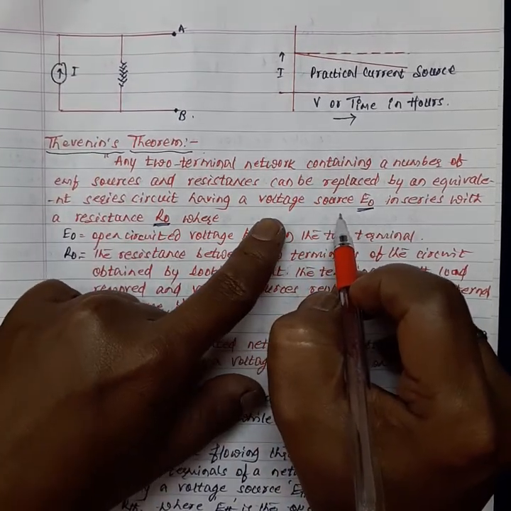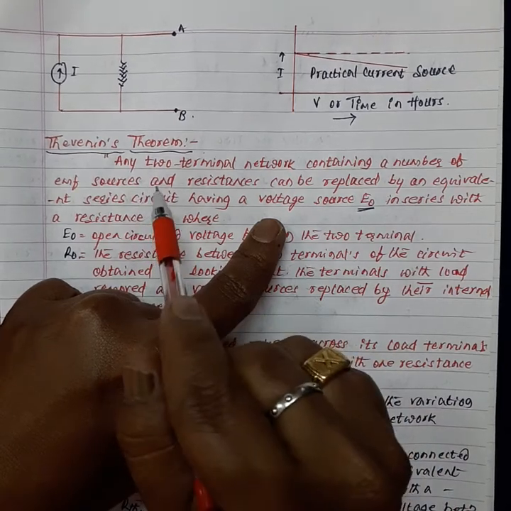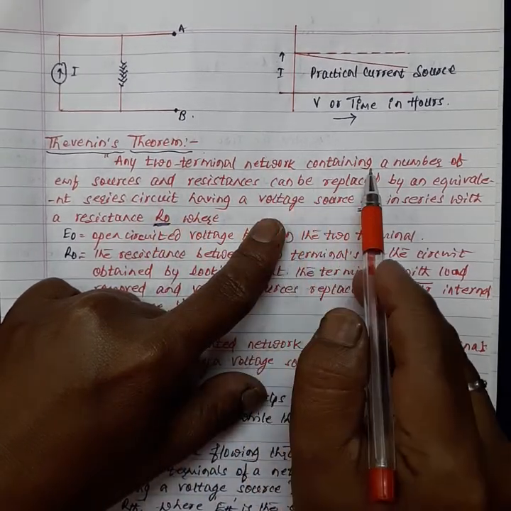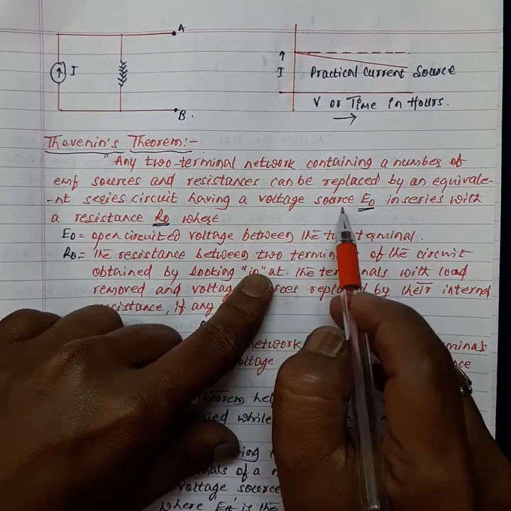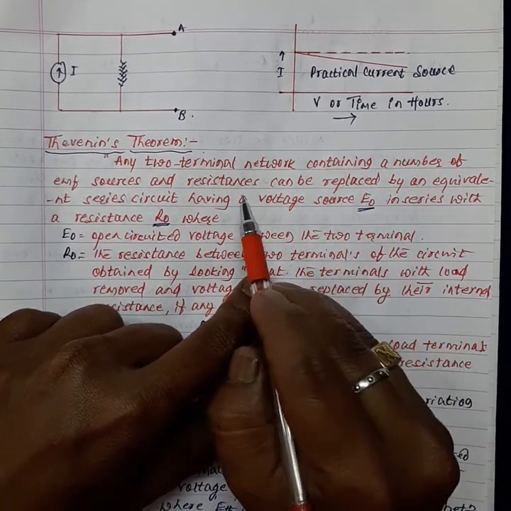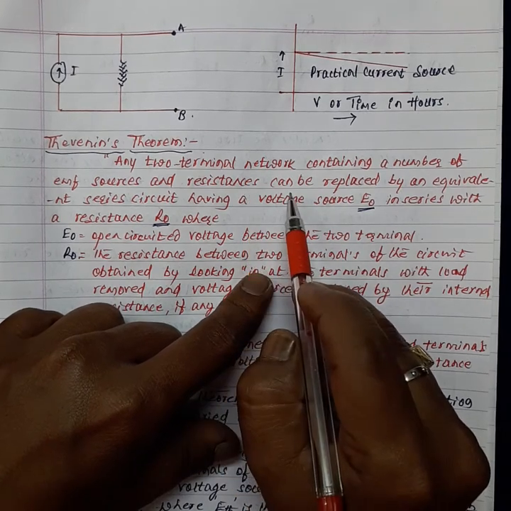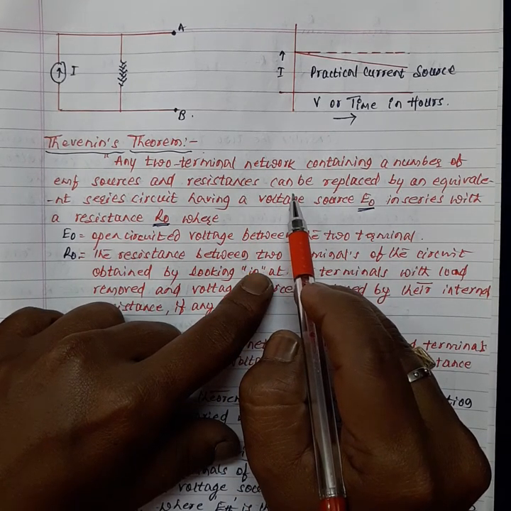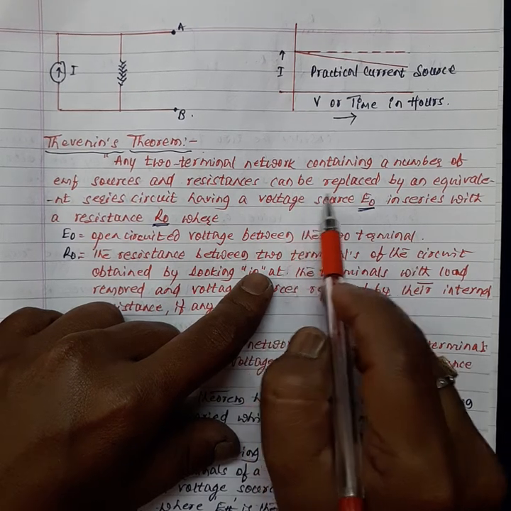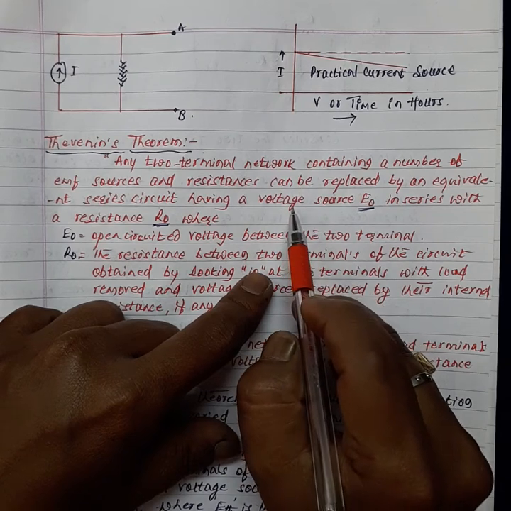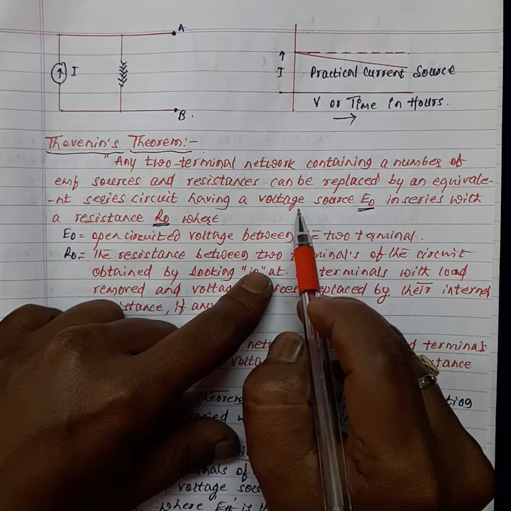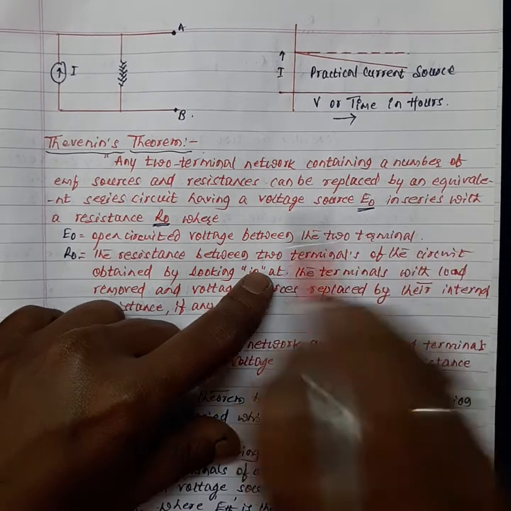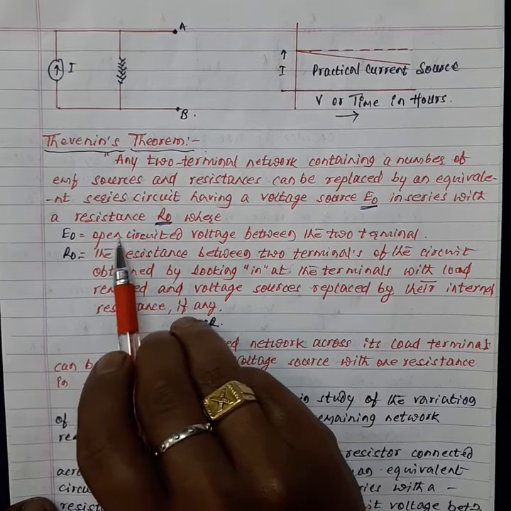So here you have to remember, a network which consists of a number of sources can be converted into a single voltage source, and the number of resistances connected in that circuit is replaced by a single equivalent resistor in series with the resistance R naught.